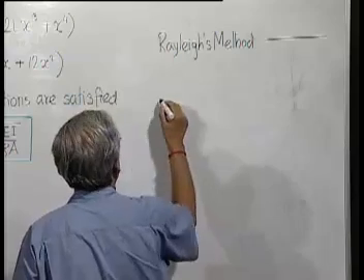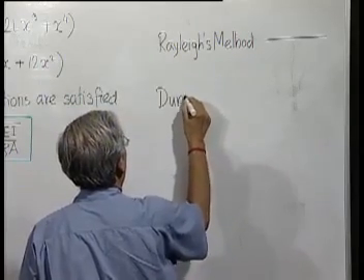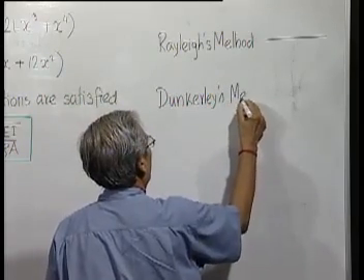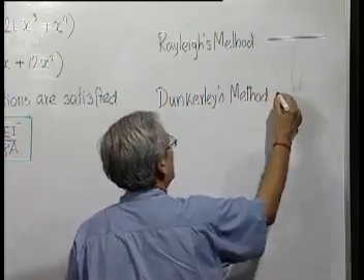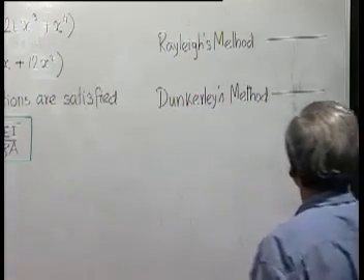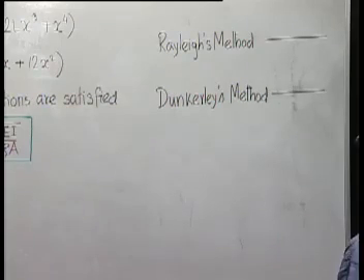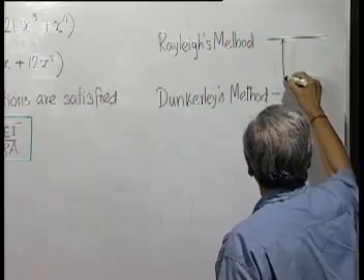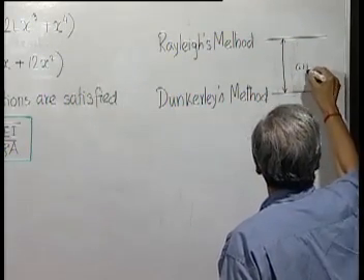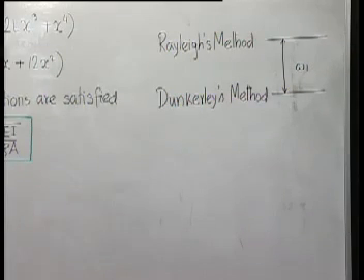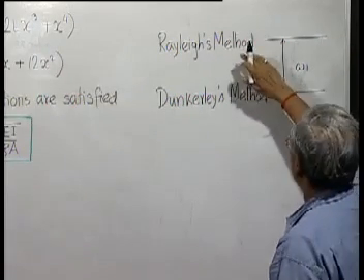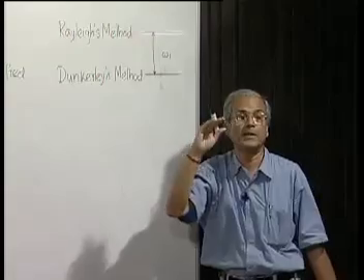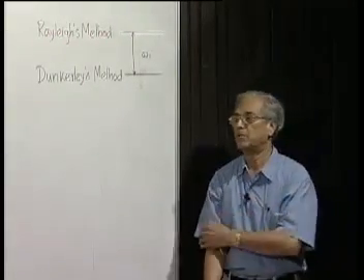And by Dunkerley's method, if we get something, the value of omega 1 like this, then the actual value of omega 1 will have to be above this. Thus, we get a band, and the exact omega 1 must lie in this band. So if we can make by some method this band as narrow as possible, then omega 1 can be estimated in a very accurate way.